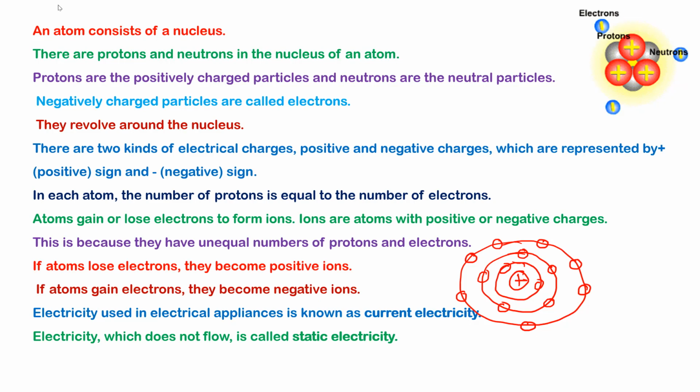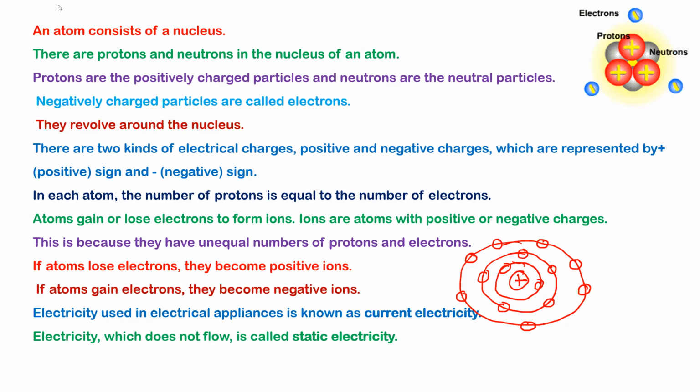In short we can say, if an atom loses some electrons, it will be positively charged and we get positive ions. Similarly, if the atom gains some electrons, then the atom will be negatively charged and we get negative ions.